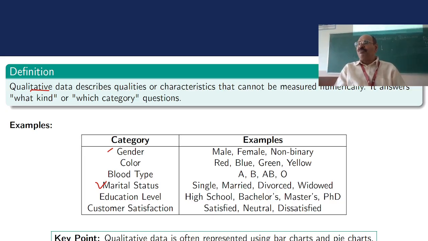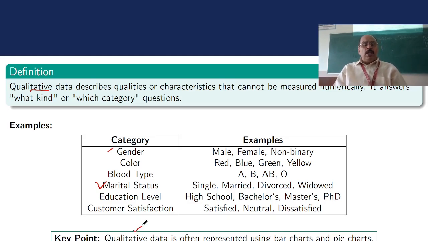Okay, I'm classifying people below 5 lakh as poor, 5 to 15 lakh as middle class, above 15 lakh as upper class. So I'm converting numerical data into categorical data.